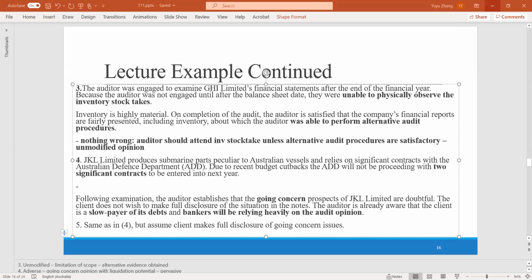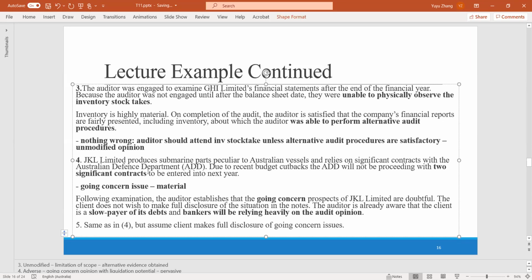Number 4. GKL produces submarine parts and relies on significant contracts with the Australian Defence Department. Due to the recent budget cutback, the Defence Department will not be proceeding with 2 significant contracts to be entered into next year. So that's a similar going concern issue. Of course, it is material.